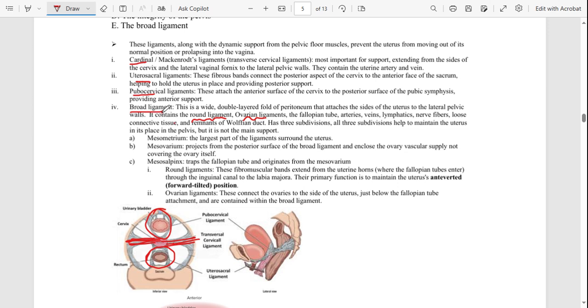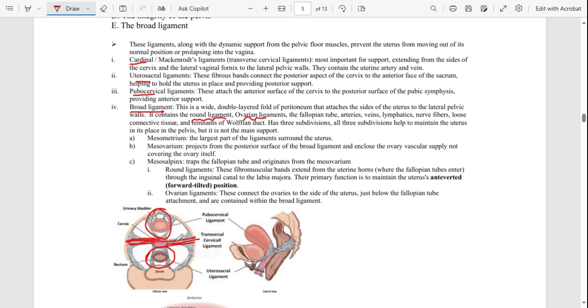Now the broad ligament is further going to be divided into different parts to maintain the uterus. For example, mesometrium, mesovarium, and then you have got the mesosalpinx.